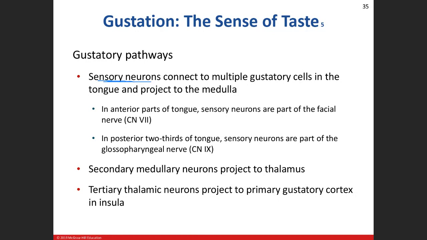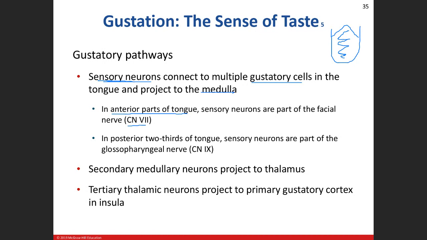That's going to extend from those gustatory cells, and it's going to head back towards the medulla oblongata. Okay, now break the tongue down into 2 parts. The anterior part of the tongue, that's going to be the anterior 2/3. It's going to look something like this, like I drew before. This whole area here is going to be innervated by cranial nerve 7, facial.